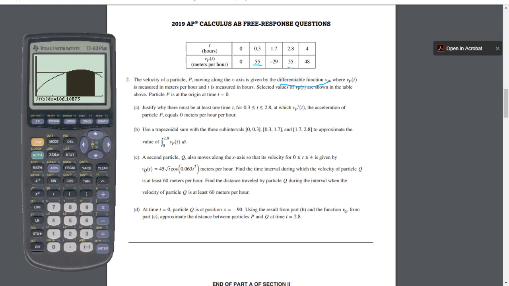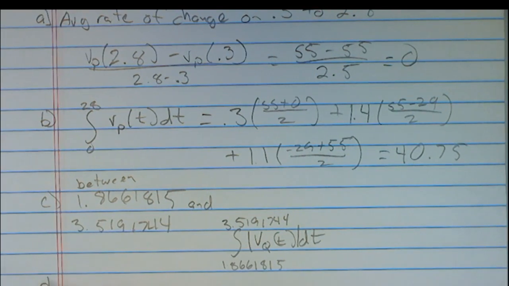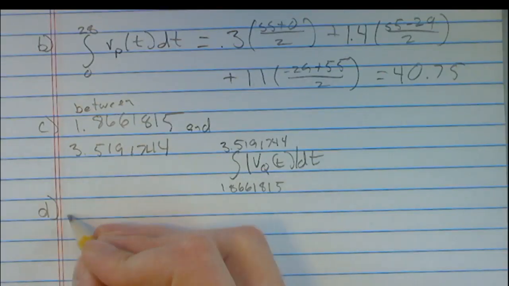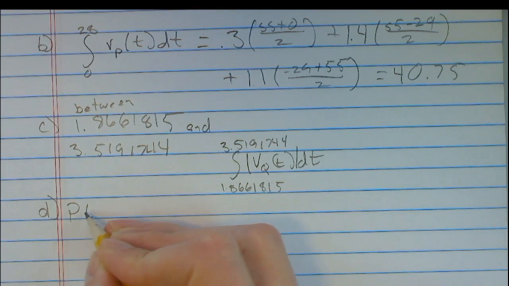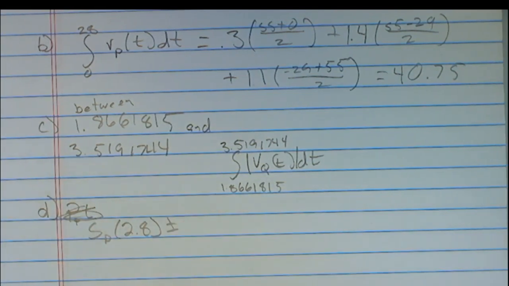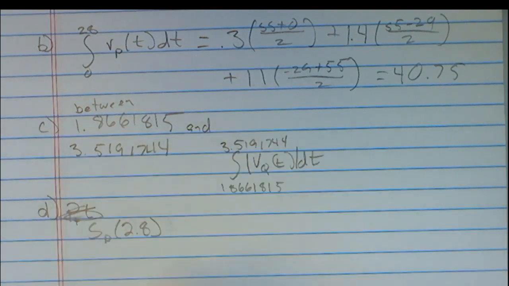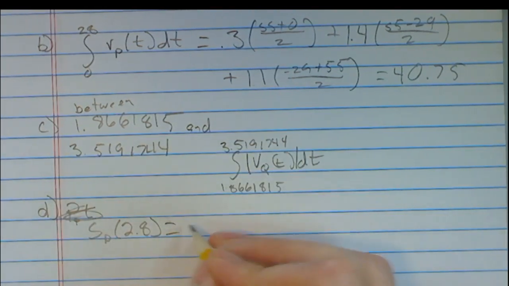All right, so we know a couple of things. The position of particle P, let's use S of P at 2.8. This is what we got from part B, equal to 40.75.